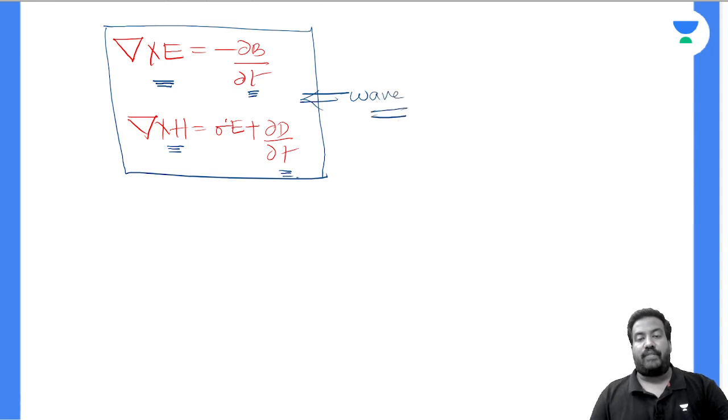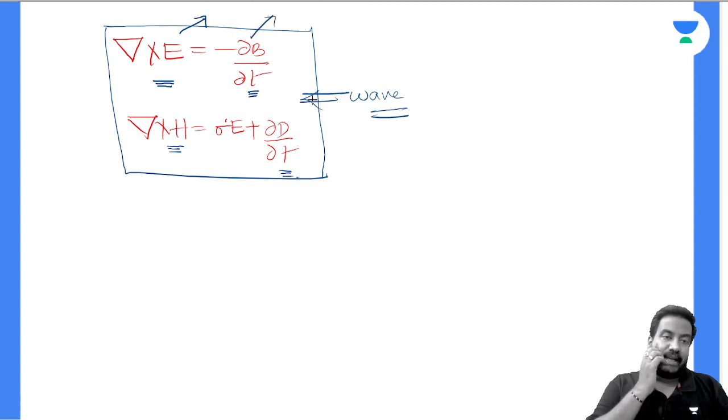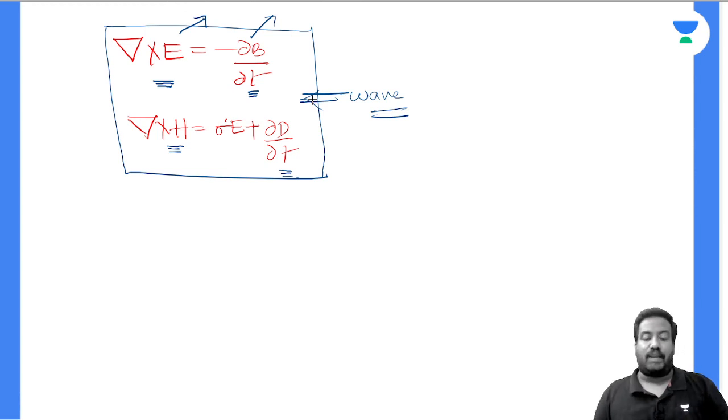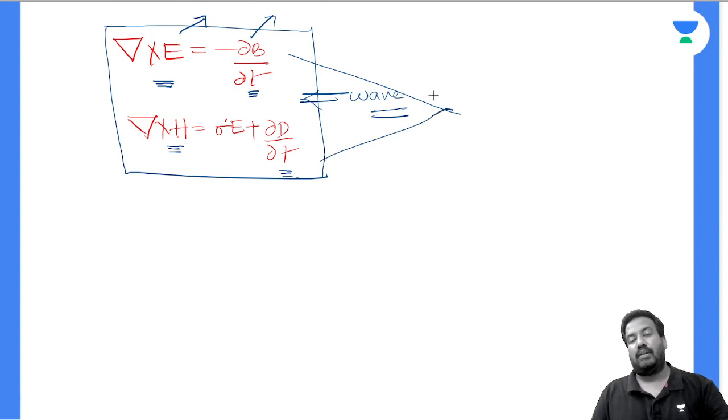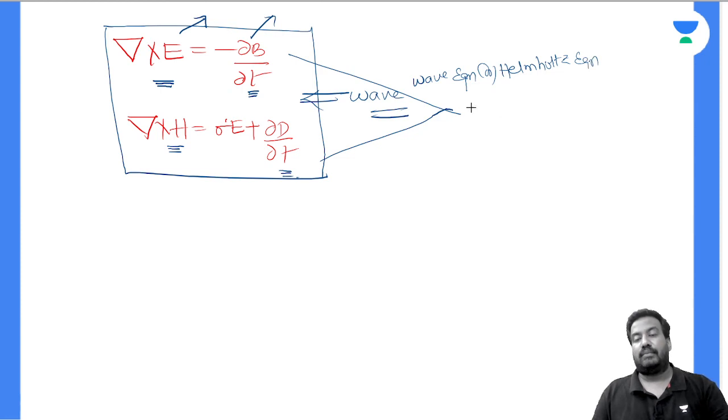Now because a wave is something which varies its phase with respect to space and time, exactly that is what is happening here. There is interdependency here. So if you club these two equations, you will get the wave equation, also called the Helmholtz equation.